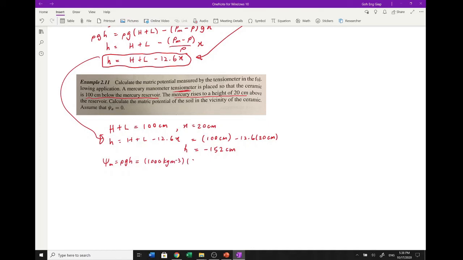The g is about 9.81 meters per second squared, which is gravity, and the h is negative 152. So we have to convert it into meters, so it's 10 to the power negative 2 meter. And the value we should get here, what do we get?